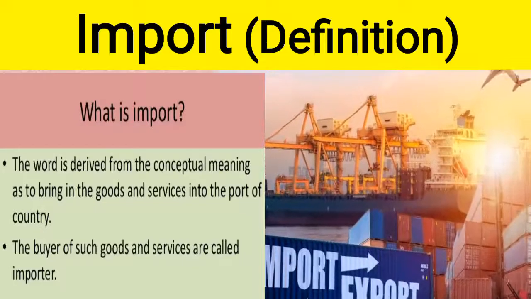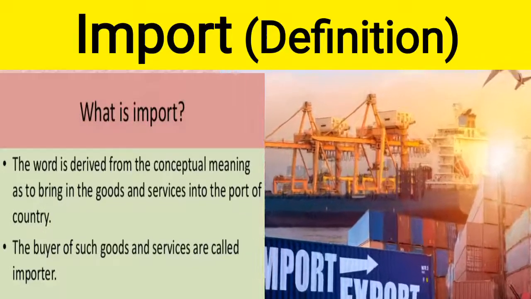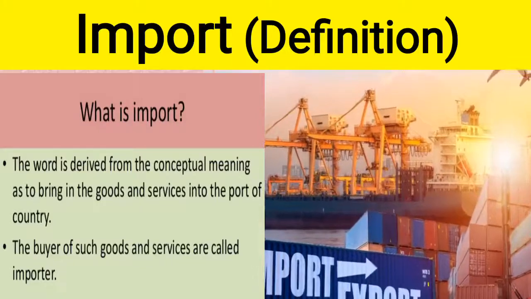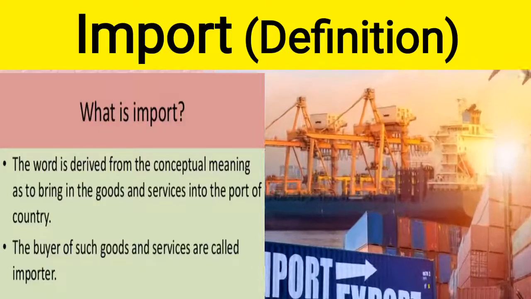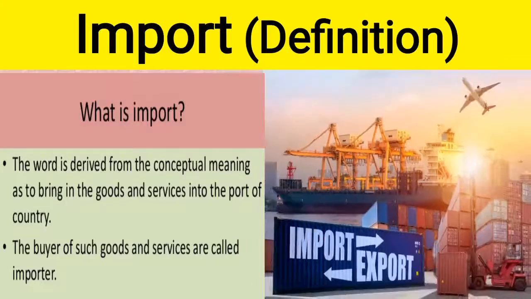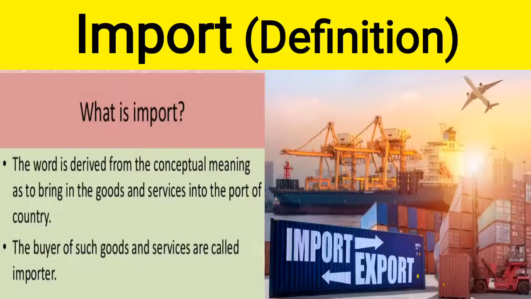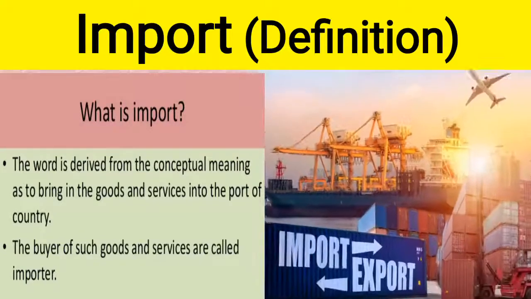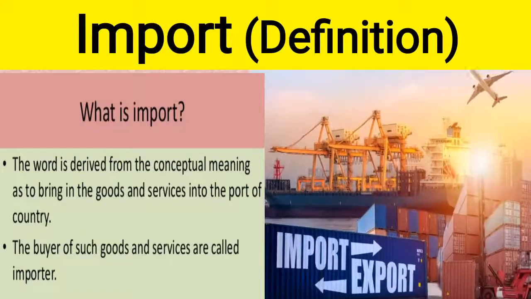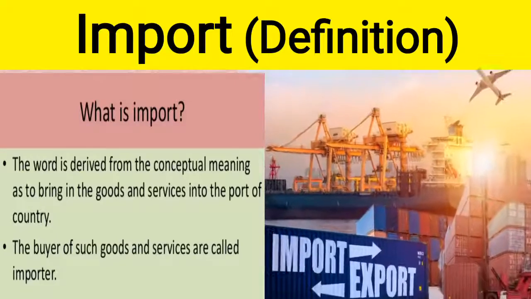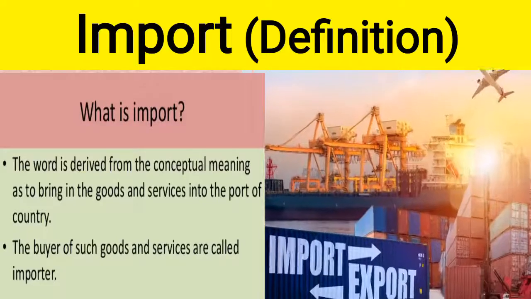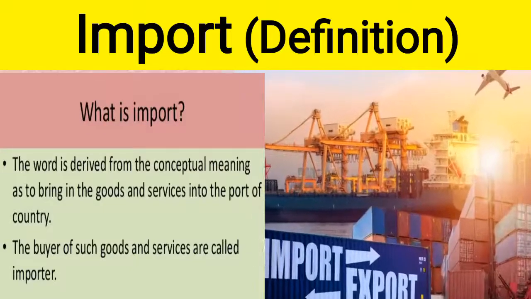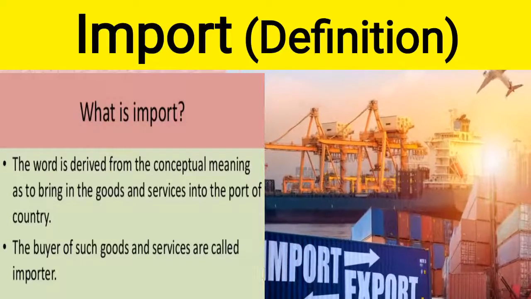It's not always because we want other goods; sometimes we exchange goods because we need money, and as you know, money is very important for fulfilling the demands and needs of any person or any country. So imports mean when we buy goods from other countries, when they come to our port. This is called import.